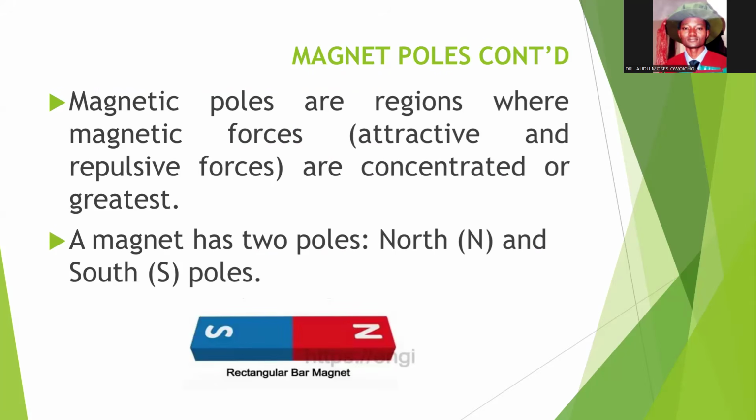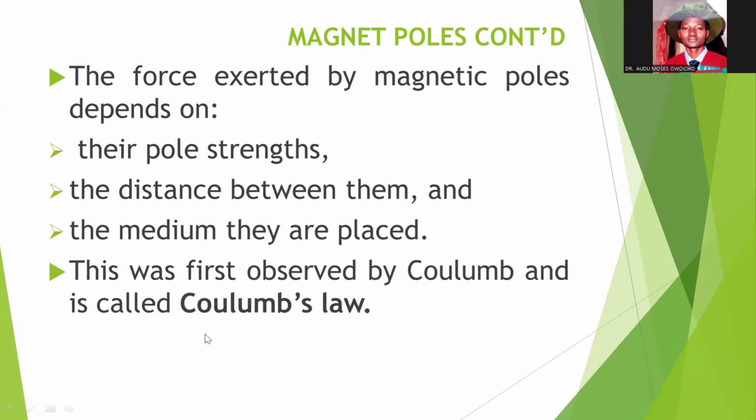Magnetic poles are regions where magnetic force is concentrated or greatest. Looking at this rectangular bar magnet, we have the south pole and the north pole, so the magnetic strength is concentrated majorly in the north and south poles.